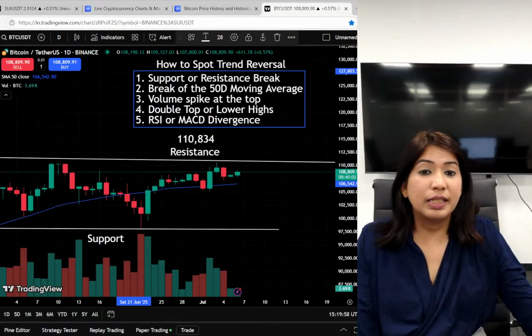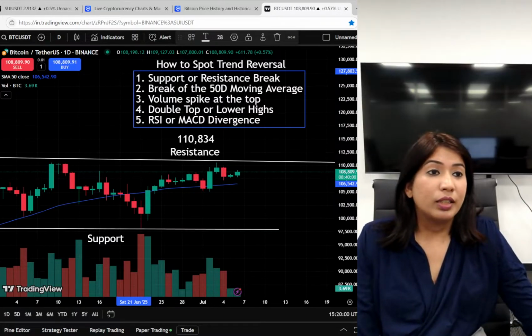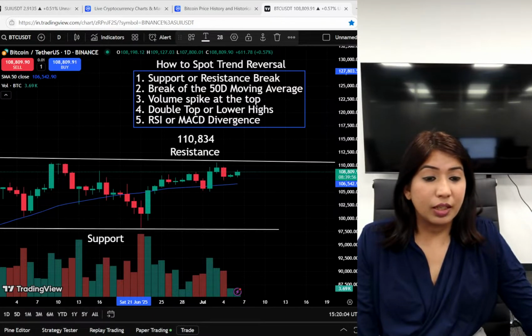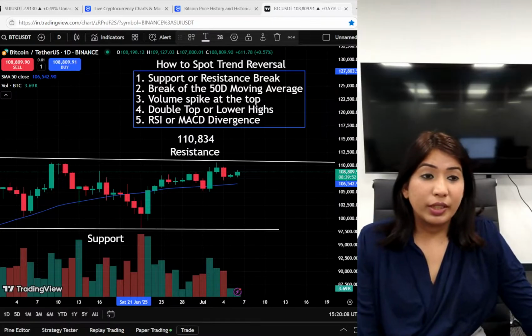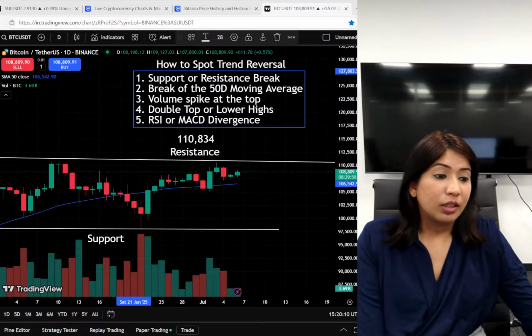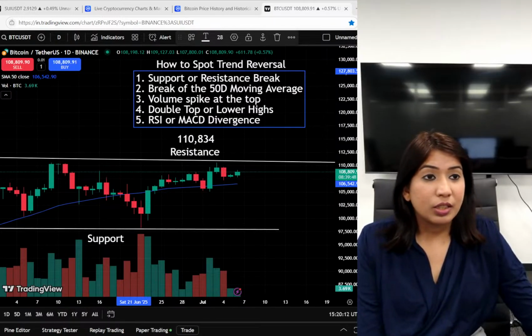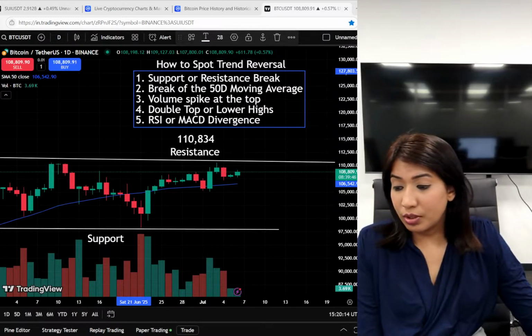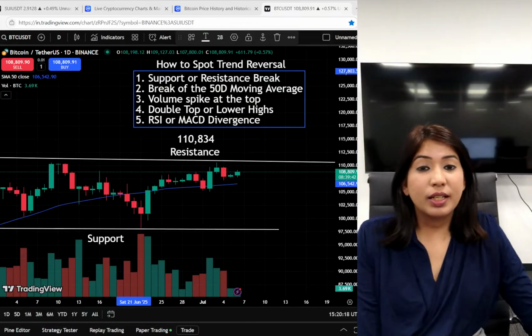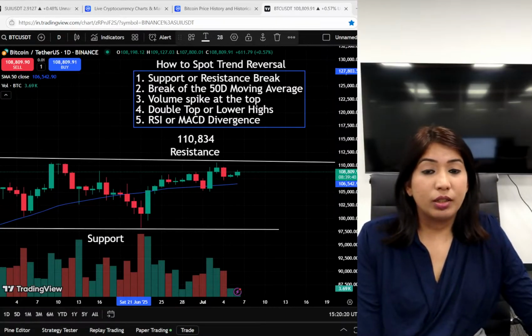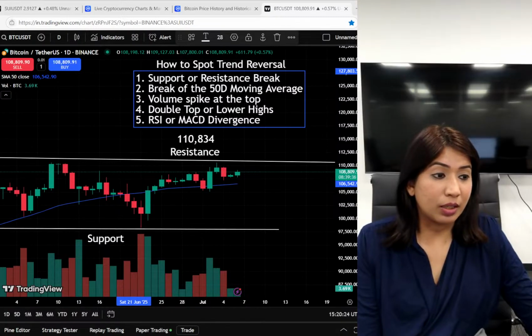Basically, you can easily spot it while you are able to see that MACD is below the zero line, then it's very much clear that it's in bearish territory, and if it moves towards bullish territory, we know if it crosses the zero line, we are confirmed of that part.